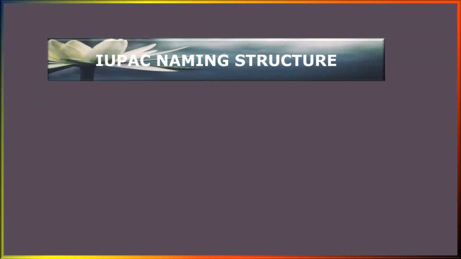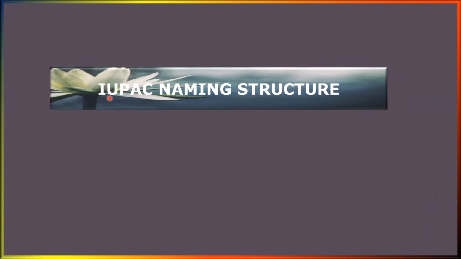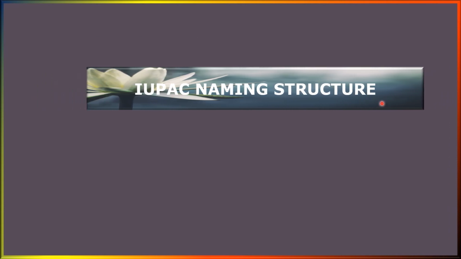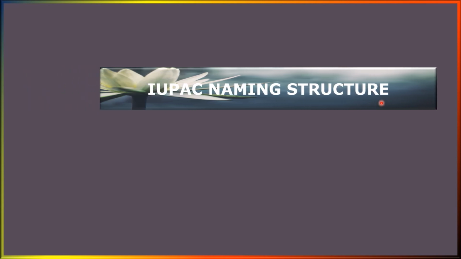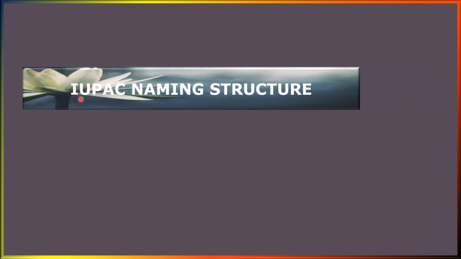Before delving into problems, let us recap the IUPAC naming structure. I already explained it in some of our previous videos. Now let us have a quick recap of the same.